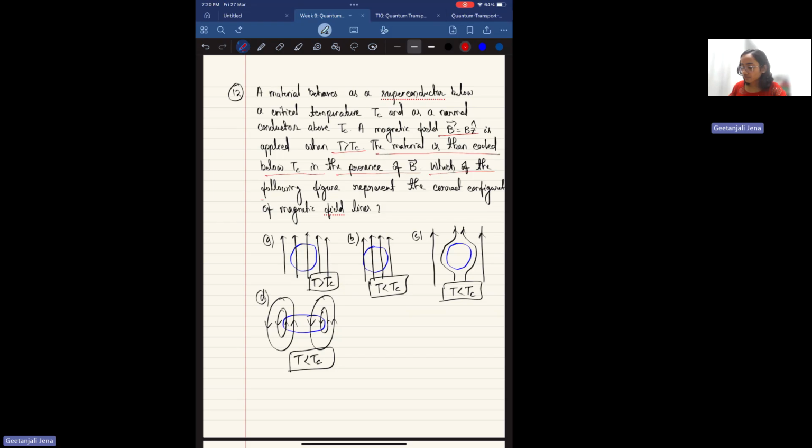Then which of the following figures correctly represents the configuration of magnetic field lines? So you have a superconductor which has a critical temperature Tc. Now we are cooling it down in the presence of this magnetic field. Then how the magnetic field lines will behave is a function of temperature, like what will happen to the magnetic field lines for T greater than Tc or T less than Tc.